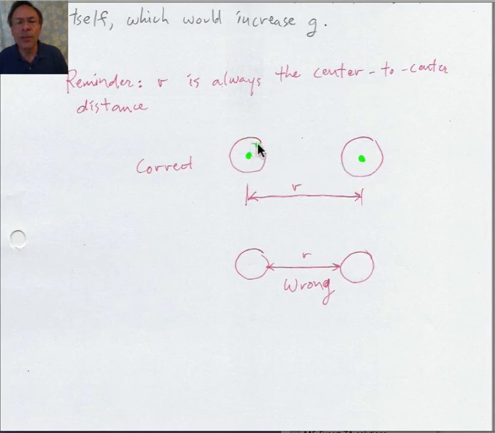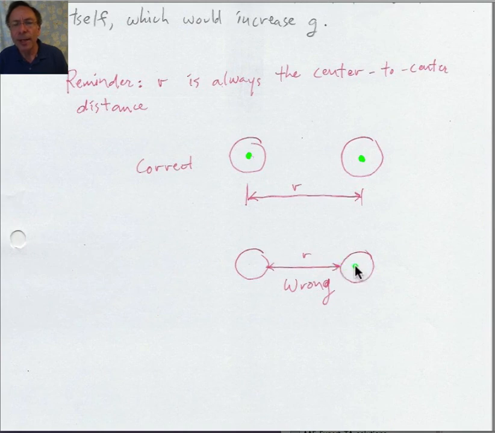So if this is the Earth, let's say this was the moon, and this is the Earth. Sometimes there are questions that are deliberately tricky and confusing, and they're going to say something like, "Oh, the altitude of the moon is so many kilometers above us," but we're already on the surface of the Earth, right?